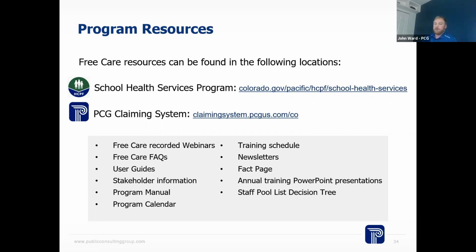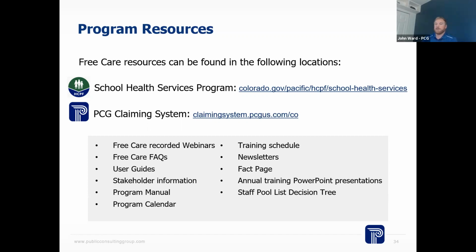But in terms of program resources, here you'll have the website for the SHS program, as well as the PCG claiming system. And then on the PCG claiming system, you'll have all of these resources in this gray box. The program calendar contains all the due dates for that fiscal year. So right now it's updated for FY22.